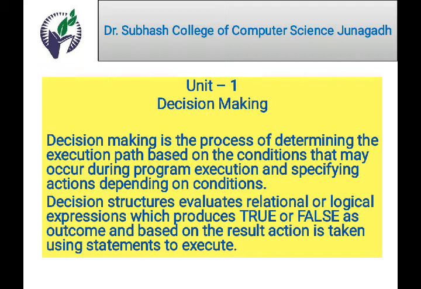Whenever such kinds of conditions are there, we have to follow one particular path. If another kind of condition occurs, then we will have to follow another path. Means in many situations during program execution we require to make branching and decision making, and based on the conditions that occur we require to follow the execution path.